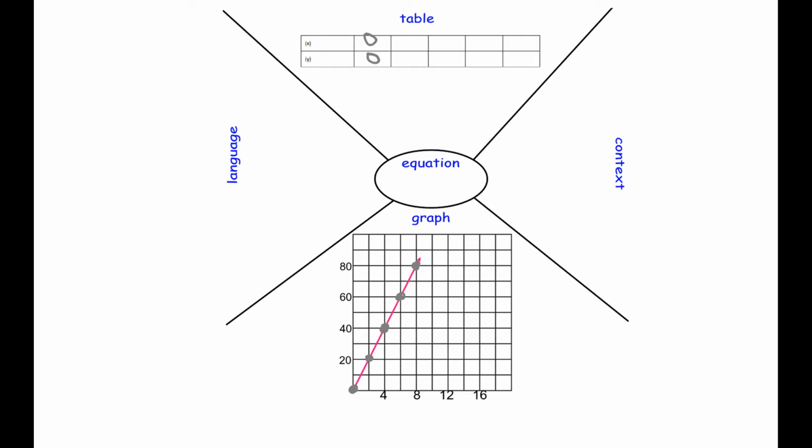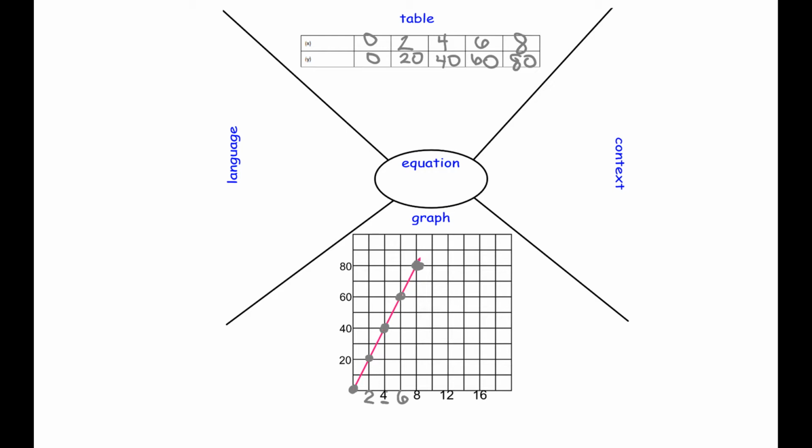This point here, if this is a 4 right here, this would have to be a 2. It means it's going up by 2s. So that would be 2, 20. Then I'd have the 4, 40. This point right here, that would have to be a 6 there, so 6, 60. And then this last point right here is going to be 8, 80.